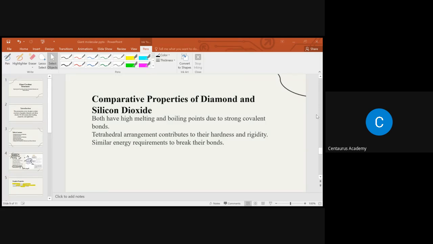There are weak van der Waals forces of attraction, which come under the category of intermolecular forces of attraction. Hydrogen bonds are also one of them. However, hydrogen bonds require much more energy as compared to any other weak intermolecular forces of attraction.